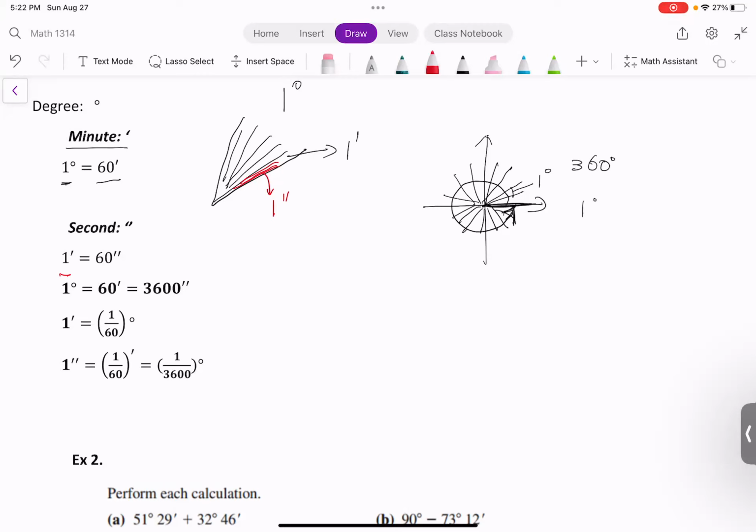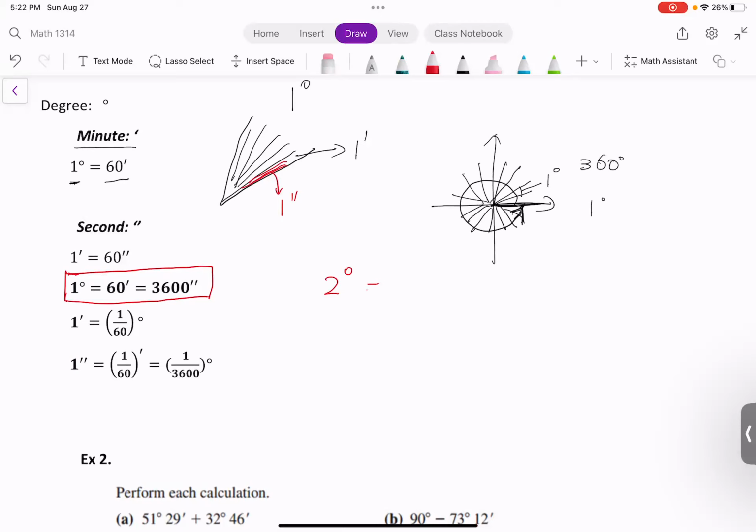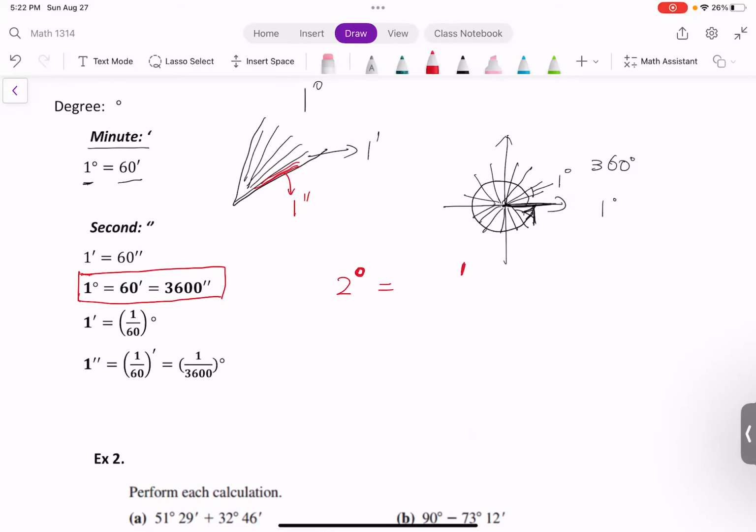So 1 minute equals 60 seconds. So let's see what's the relationship between degree, minute, and second. We have a relationship: 1 degree equals 60 minutes equals 3,600 seconds. For example, if I have 2 degree and I want to convert it to minutes, from the big unit to the small unit, I need to increase my number 2.